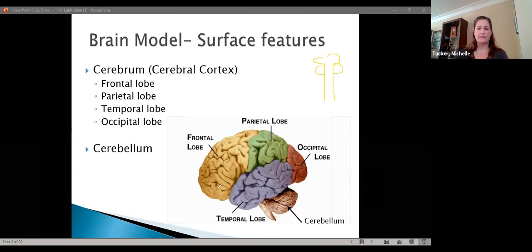So the cortex is this outer layer, really what people think of as being the brain. And during development, in order to increase surface area, it's going to grow and fold, and then it folds back on itself, creating this temporal lobe, as well as the frontal lobe, parietal lobe, and occipital lobe.